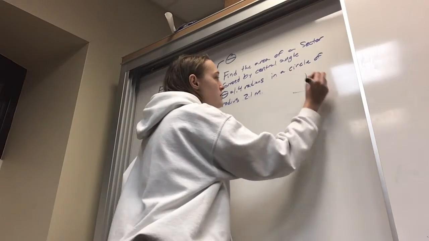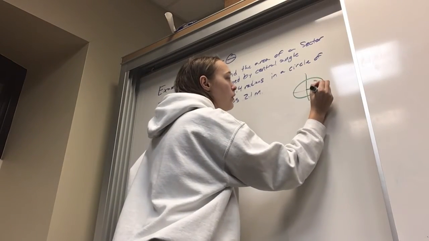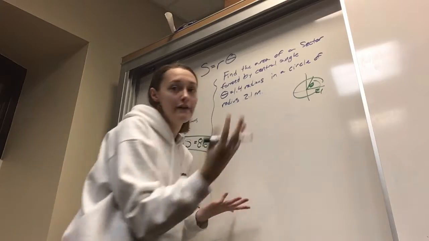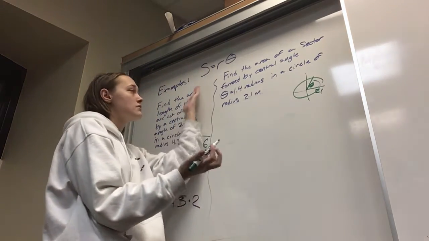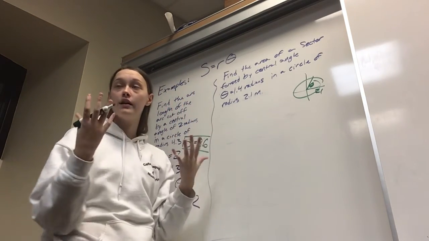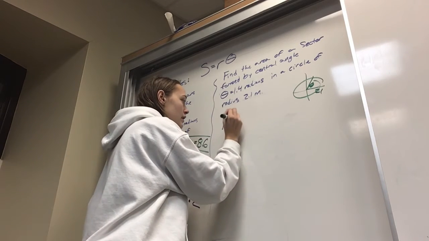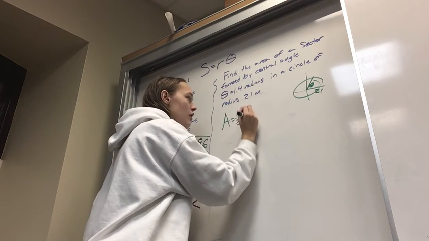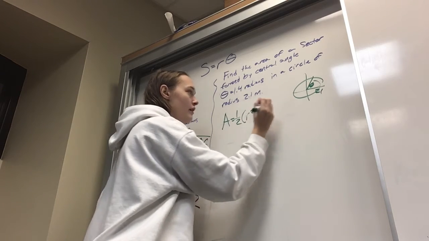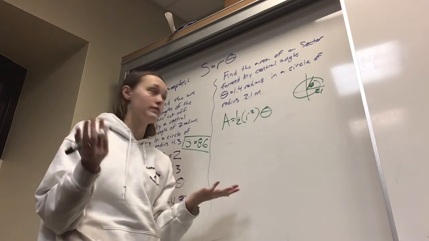So we could draw the circle, this is 2.1 and here's theta and all that fun stuff. But if we just use the area of a sector formula, which is A equals 1/2 r squared theta, then we can find the area of the sector really easily.